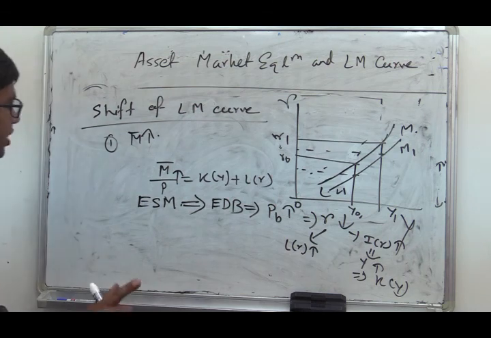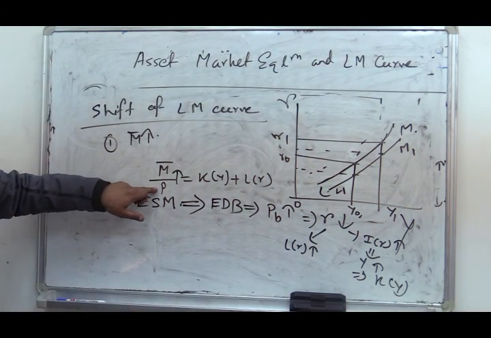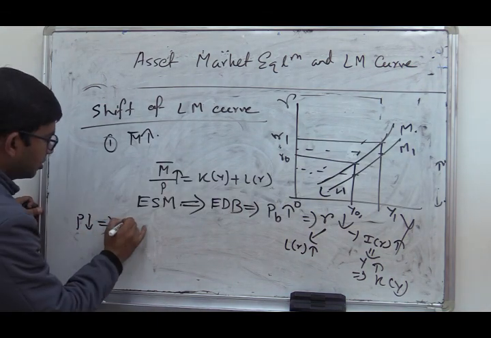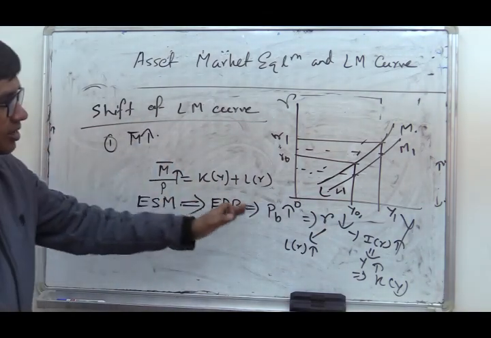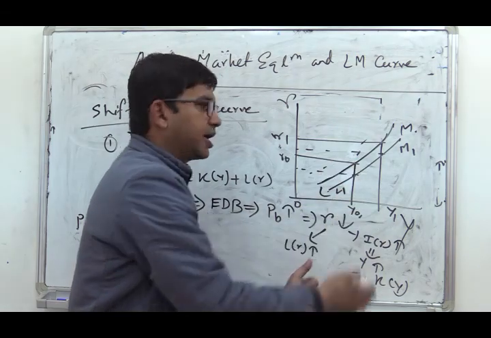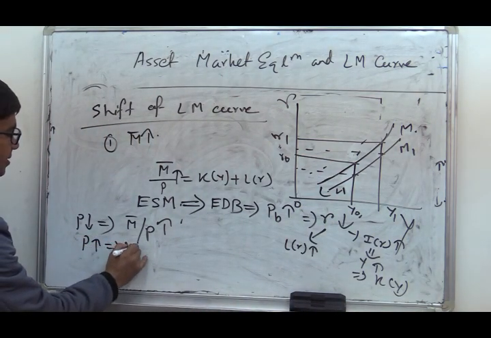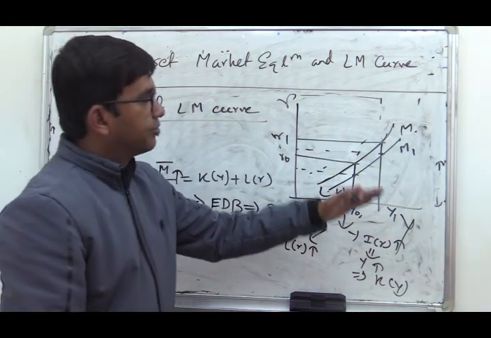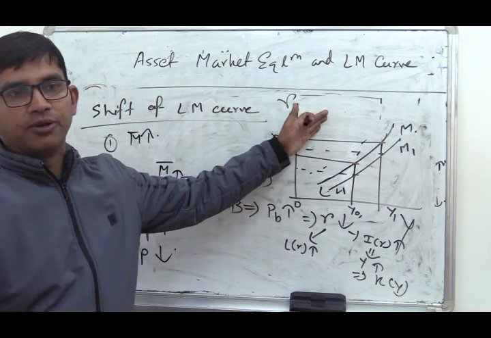The same thing will happen if there is a fall in price. If the price level falls, real money balance will increase, and if real money balance increases, we have already seen that the LM curve will shift rightward. Similarly, if the price level rises, real money balance will fall, and due to excess demand for money, the LM curve will shift leftward.